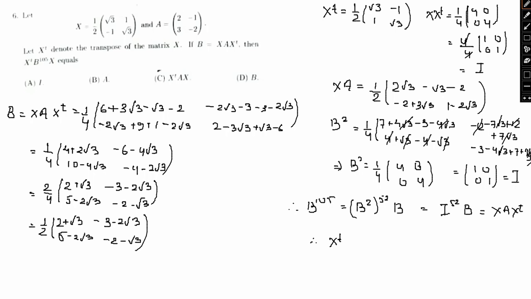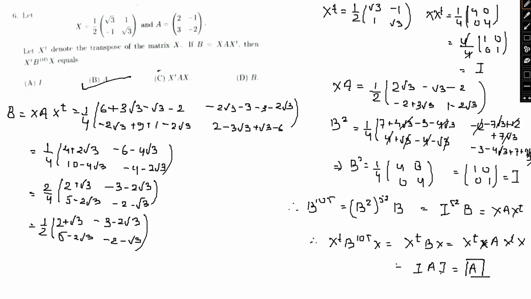Therefore X^T B^105 into X can be simply written as X^T B X, or X^T X A X^T X, or simply identity matrix into A into identity matrix, or A, which is the final answer. So option B. So I hope this thing is clear.